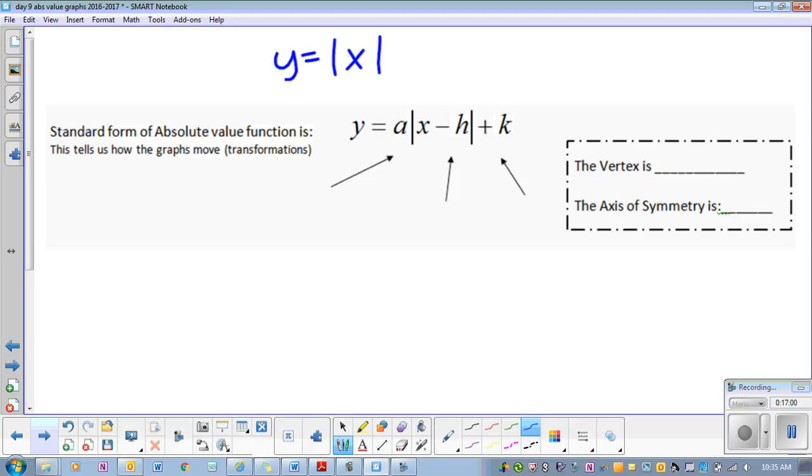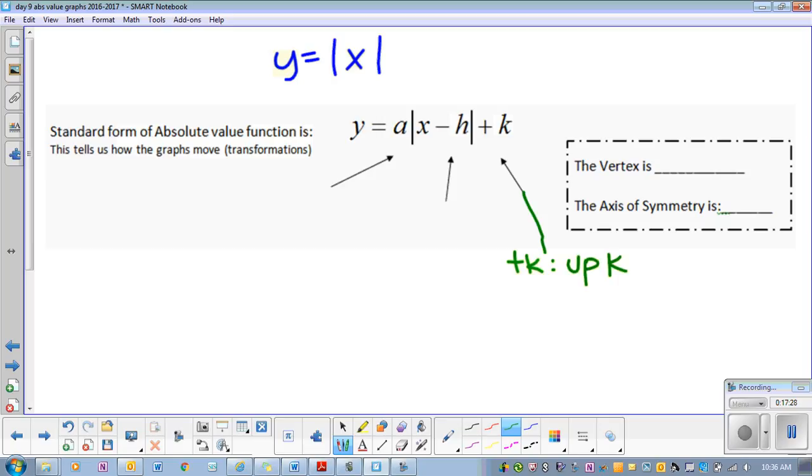So look at all these different things that were added on. I like to start with the plus k on the outside. We've talked about transformations. What happens when you have a plus k on the outside? Tell me in words, how does it move? Up k.